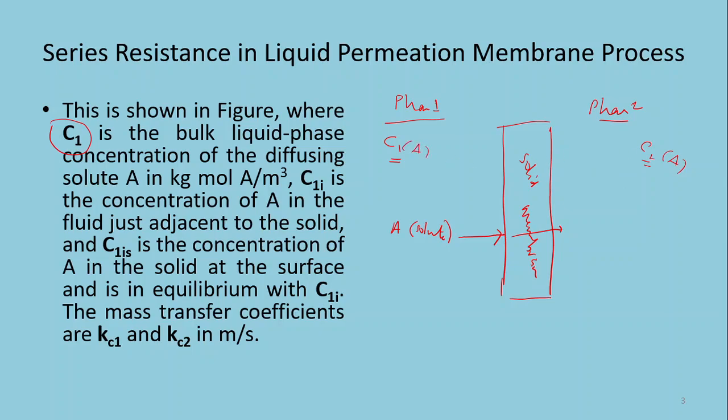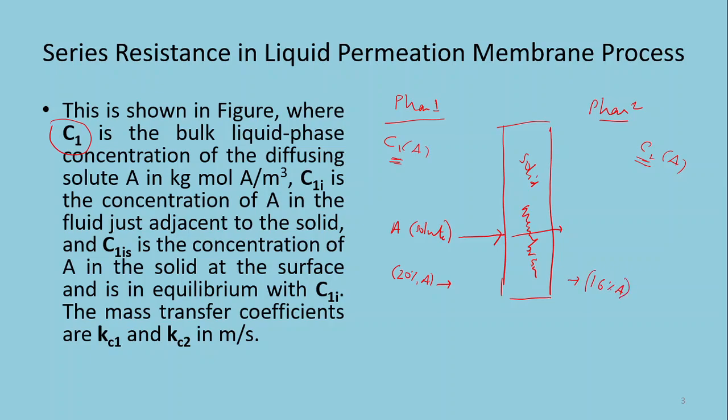Obviously the concentration of A in the second phase is less than in the first phase. For example, it can be 20% A here. Not 100% is transferred, so the concentration of A in this phase is always lesser than in phase 1, say for example 16% A.